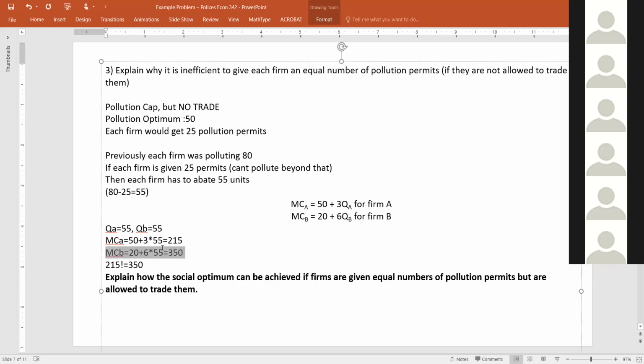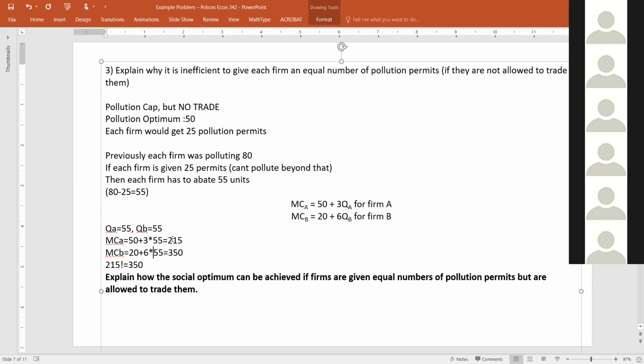So if they can trade, let's just keep it simple. Previously, they were polluting 25 and abating 55. Firm B can say, hey, I'd rather pollute 26 and abate 54.